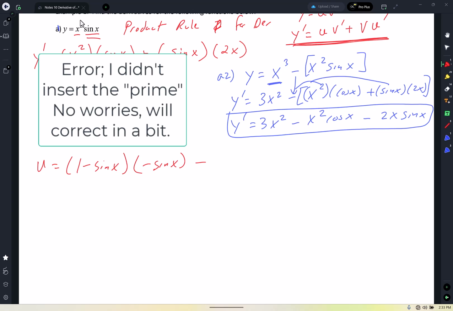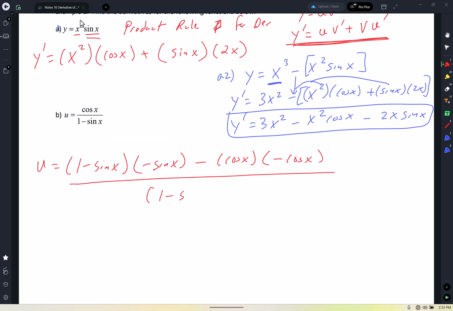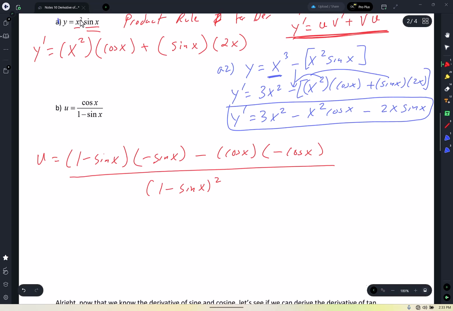Now what? Cosine x, top, times derivative of the bottom. What's the derivative of sine x? Cosine, but I have a negative in the front, so I have to put negative cosine x, all over bottom squared. Maybe I should have put the rule on the side before I started, huh?